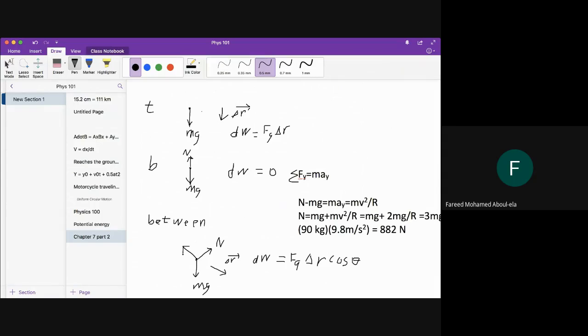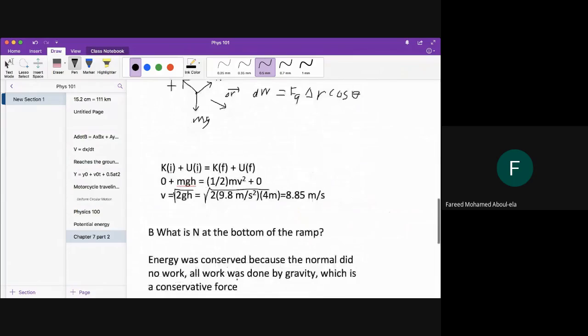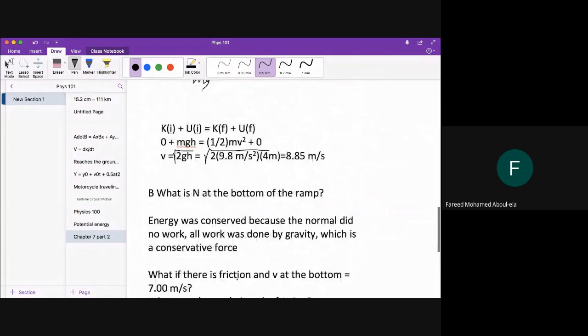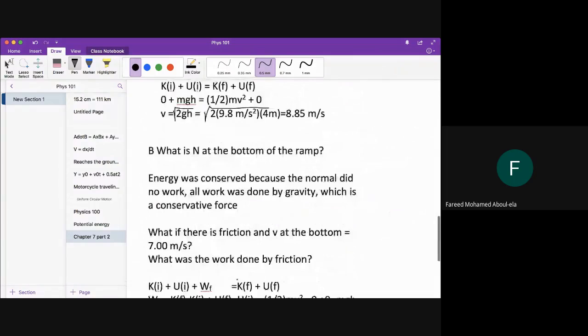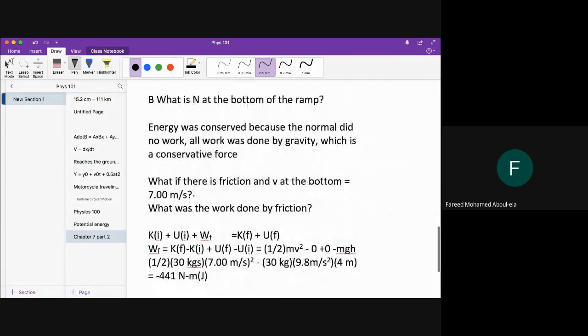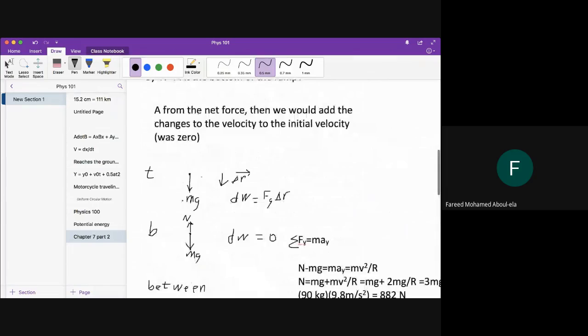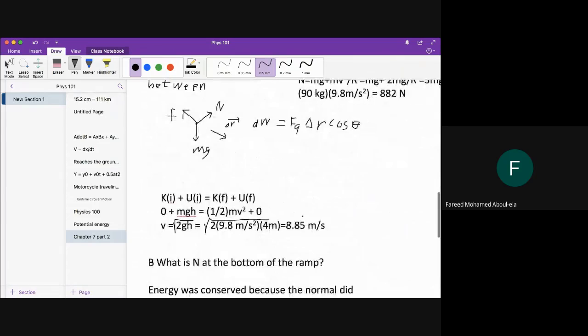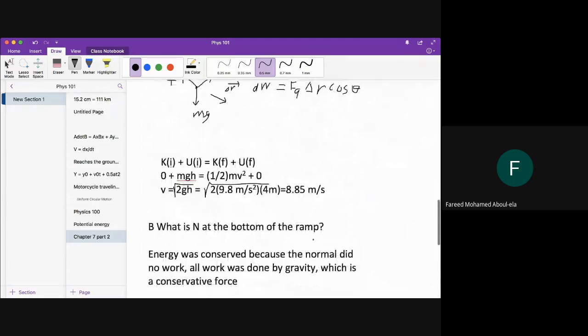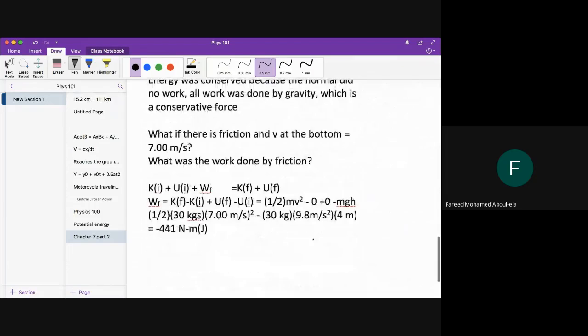So the friction was like that. So the friction did negative work. And as a consequence, our velocity is less than the result without friction. So without friction, we had 8.85 meters per second. With friction, we had 7 meters per second.